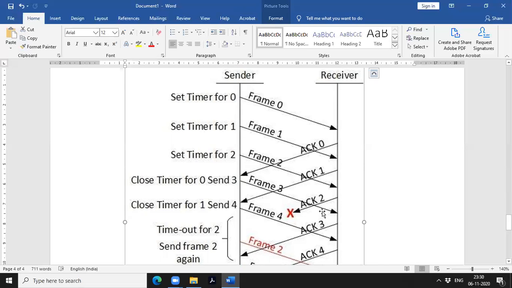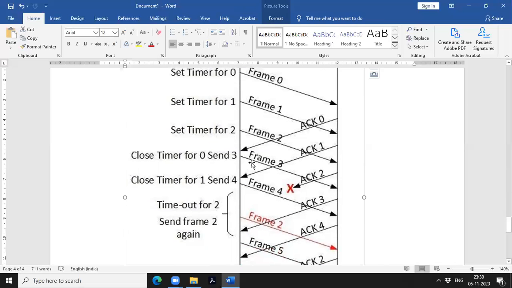Meanwhile it receives the acknowledgement for the fourth frame and fifth frame. Once all the acknowledgements have been received, the sender will retransmit the particular damaged frame.